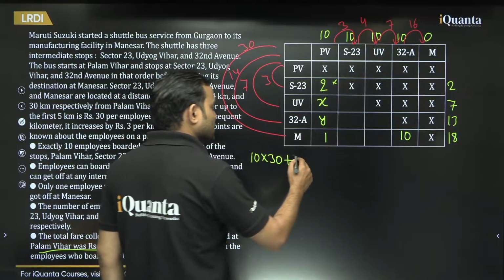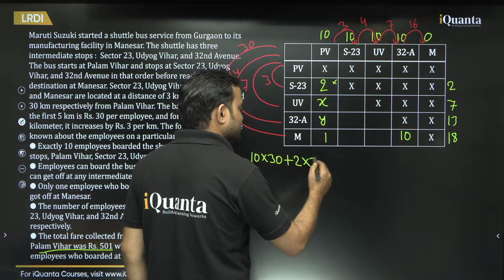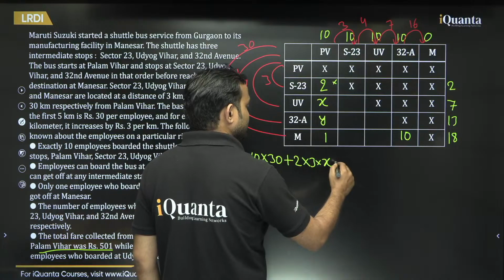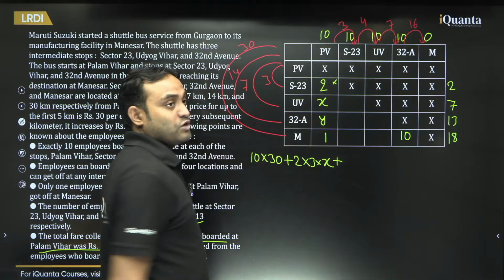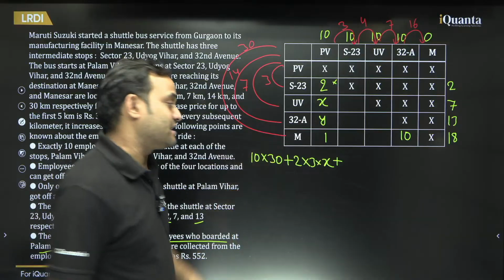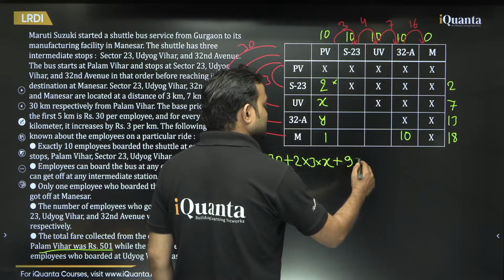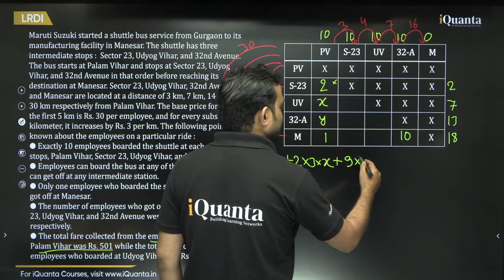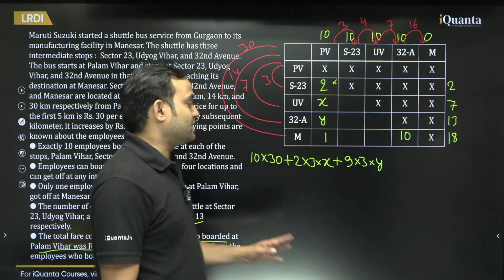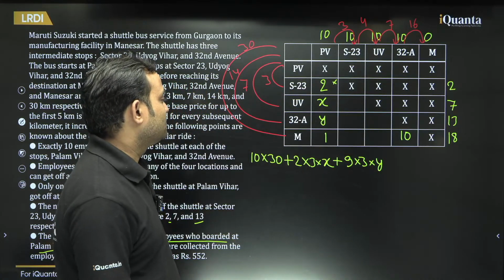So for 2 kilometer extra, they will have to pay 3 rupees per kilometer into x. Plus these y employees, the distance is 14 kilometer, 14 minus 5 is 9. For these 9 kilometers, they will have to pay 3 rupees per kilometer extra, and this will be the total fare paid by them, 9 into 3 y, right?